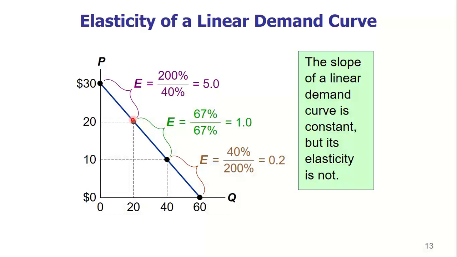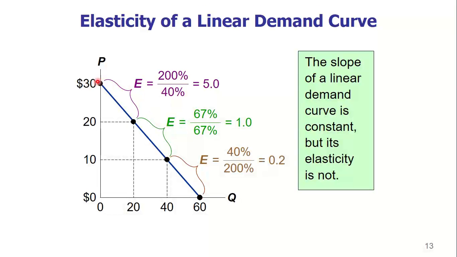And from this point to this point, the rise again equals minus 10 and the run equals plus 20. So again the slope equals minus 0.5. However, the percentage change in these variables does not remain constant, as shown by different colored elasticity calculations that appear on the slide.